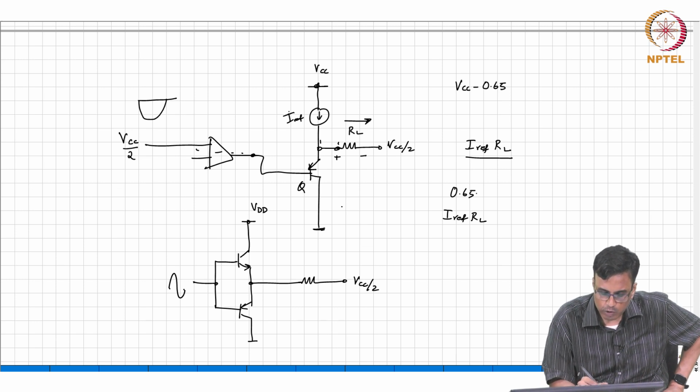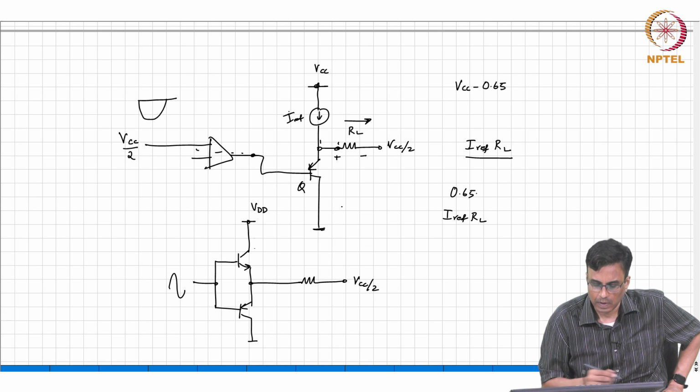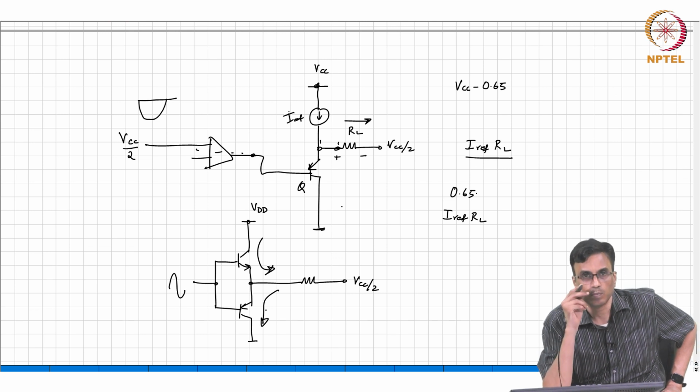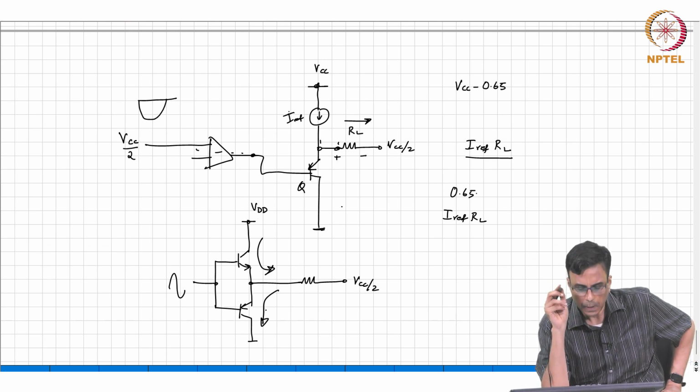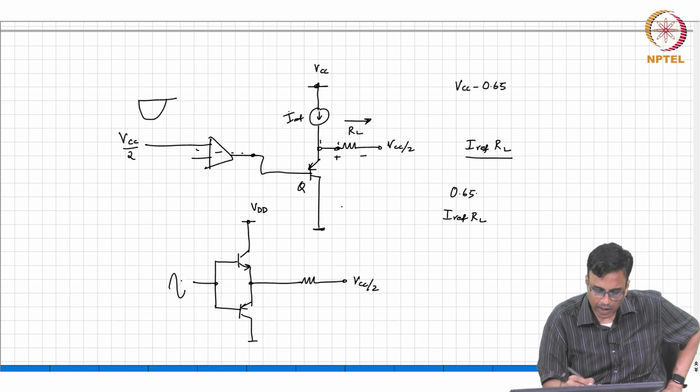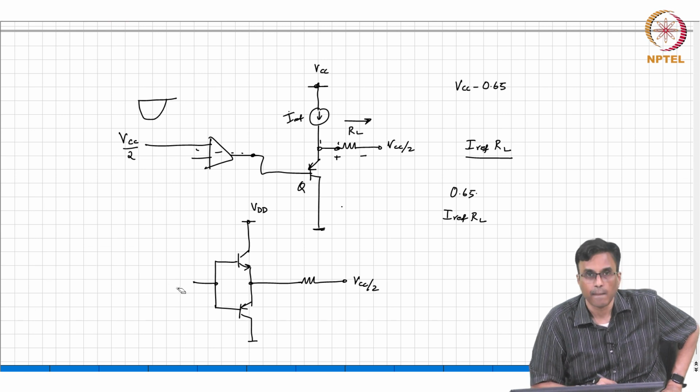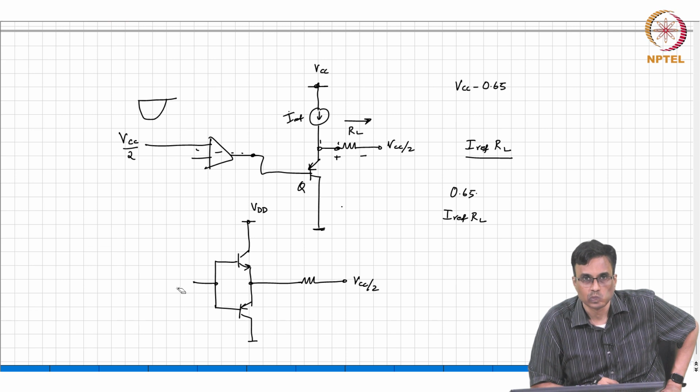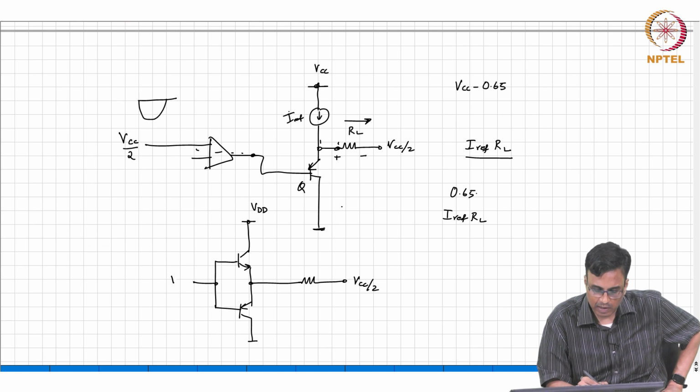So, when the input goes positive, this transistor will push current. When the input goes negative, this transistor will pull current. Okay. But when the input is 0, what happens? In other words, when the input is VCC by 2, what happens?